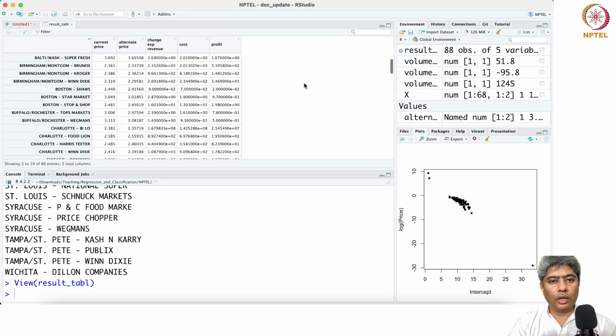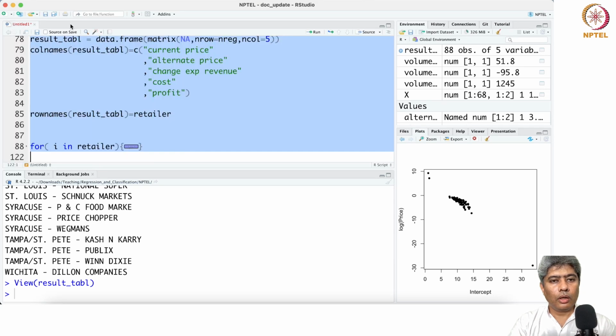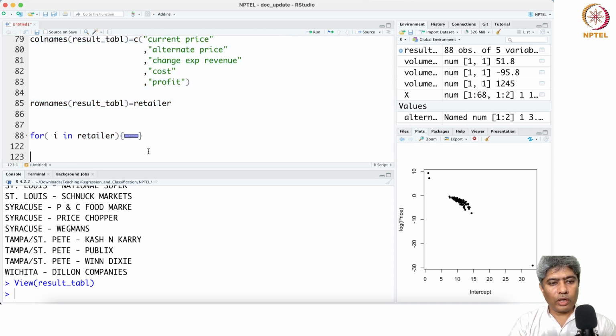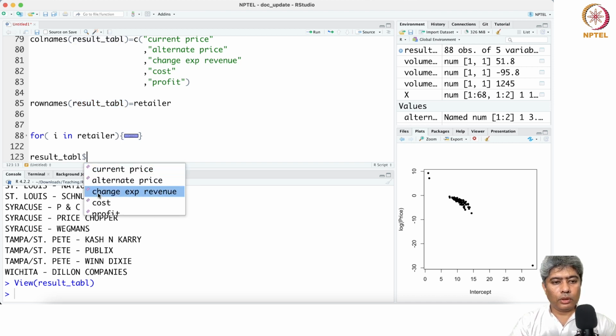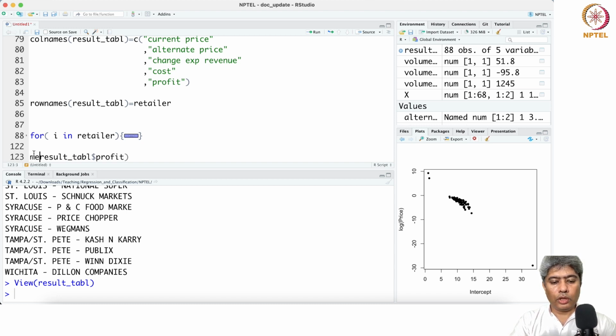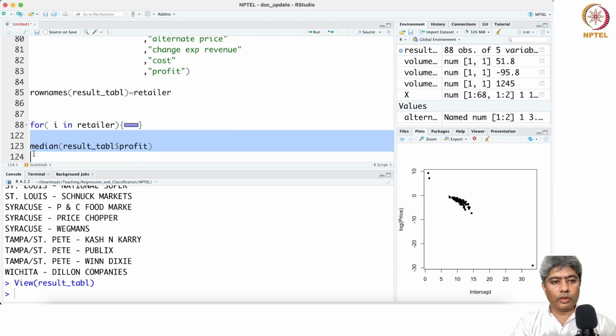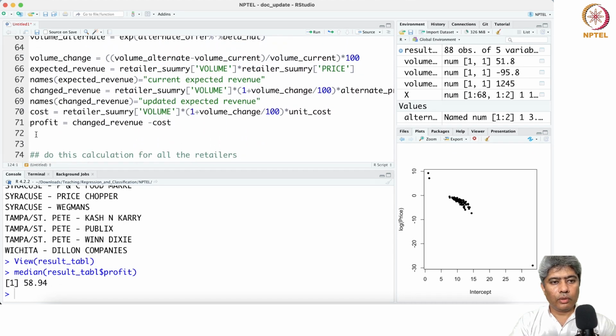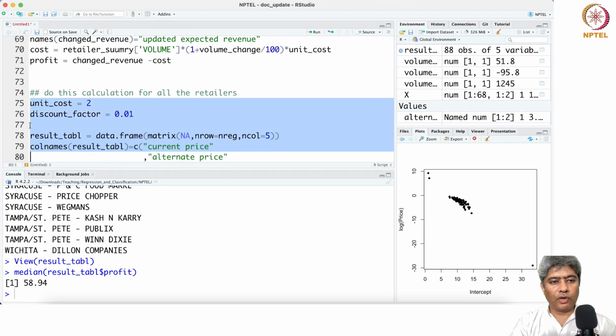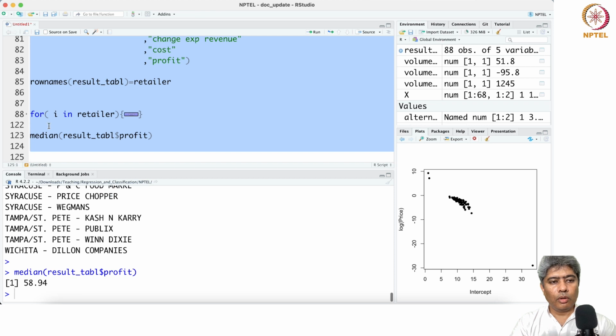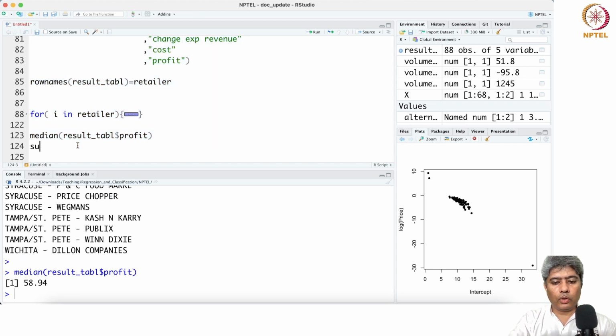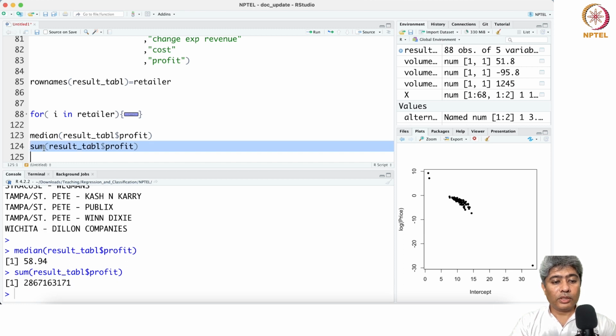You see, okay, so what I'm going to do is result table dollar profit, kind of median profit. What is my median profit? It's $58. Okay, so that makes sense. If I give 1% discount, my median profit is $58, and if I give this to everybody, this is my total profit, a huge profit.